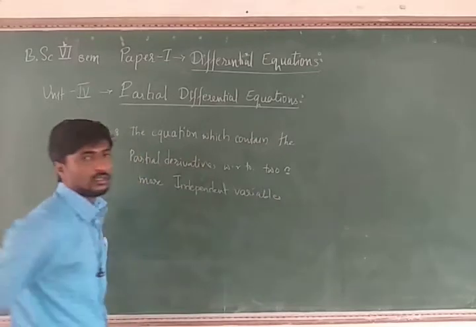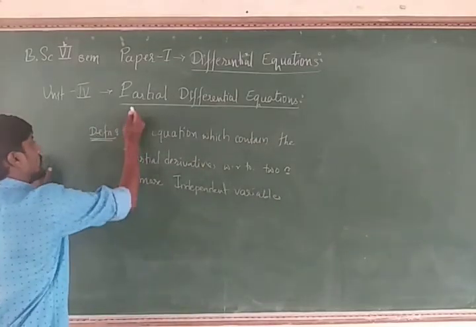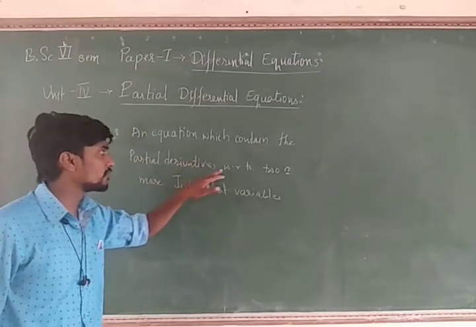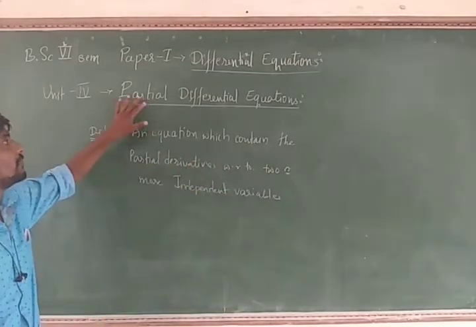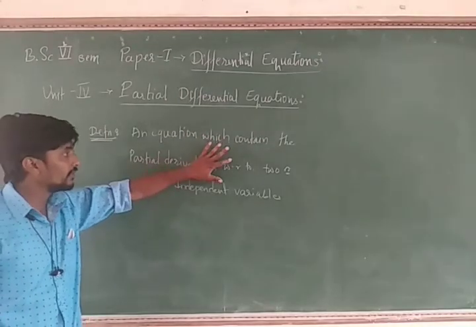Okay, so this is your definition: an equation which contains the partial derivatives with respect to two or more independent variables, such equations are called partial differential equations. So remember this definition here.